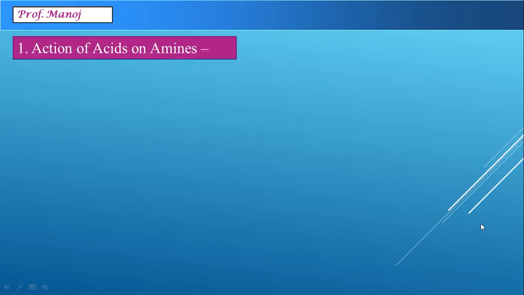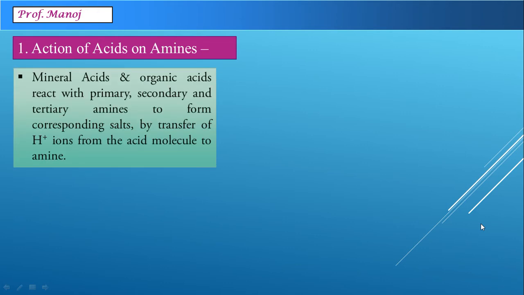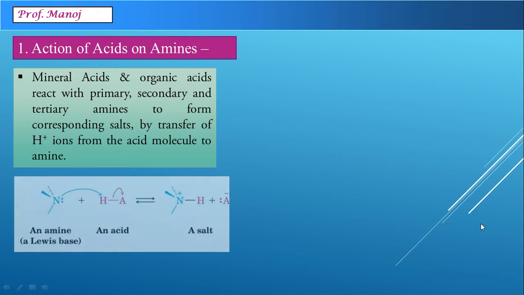Let us see the first reaction, the action of acids on amines. Mineral acids and organic acids react with primary, secondary and tertiary amines and form corresponding salts. This reaction takes place by transfer of hydrogen ions from acid molecule to the amine.